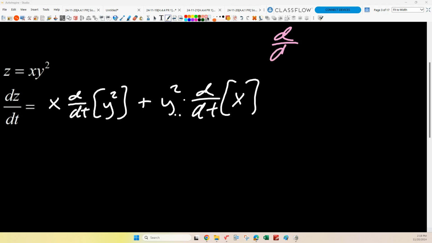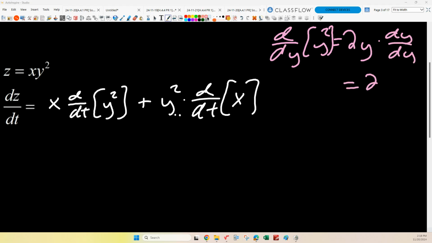What's the derivative with respect to y of y squared? Well, the derivative of hand squared is 2 hand times the derivative of what's inside the power function. The derivative of y with respect to y is just 1. So it's just 2y. Right?